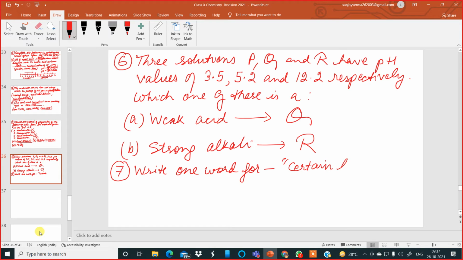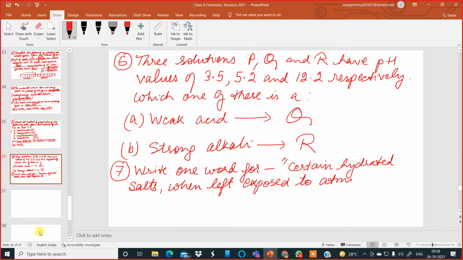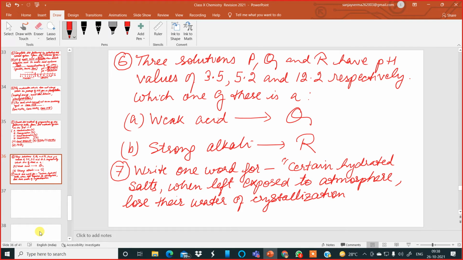Certain hydrated salts, when left exposed to atmosphere, lose their water of crystallization and crumble into powder.